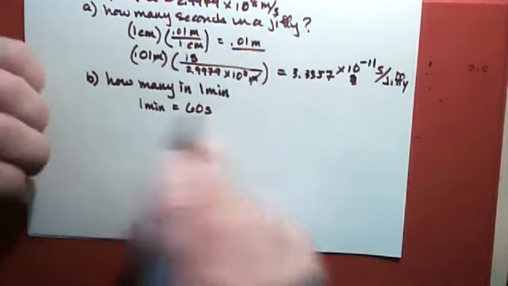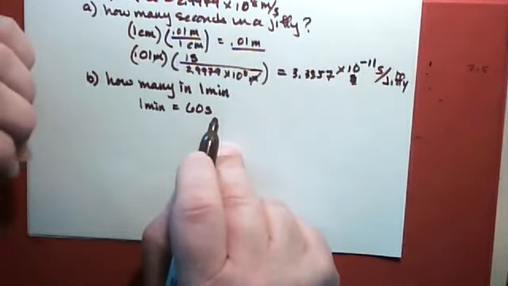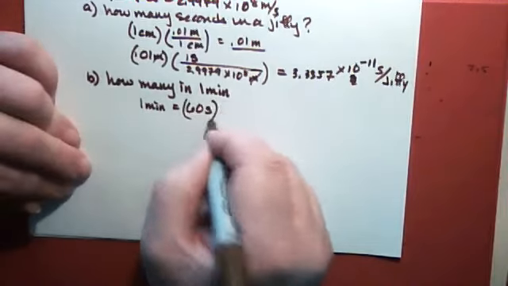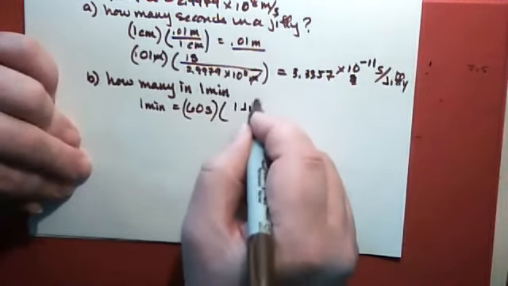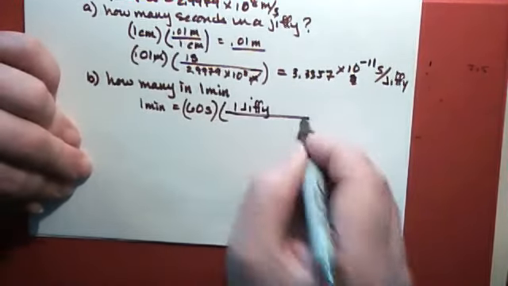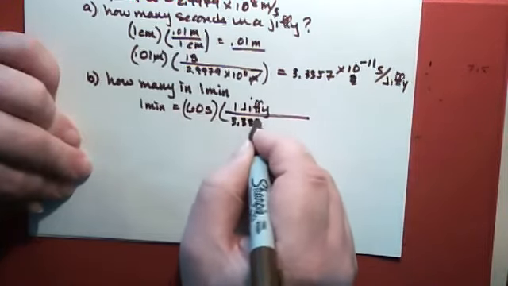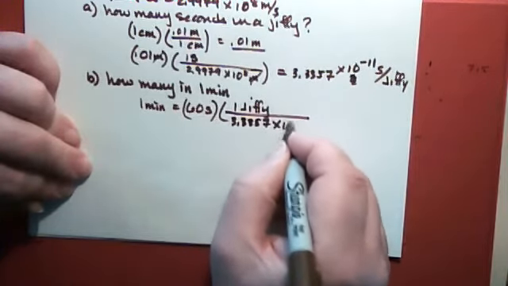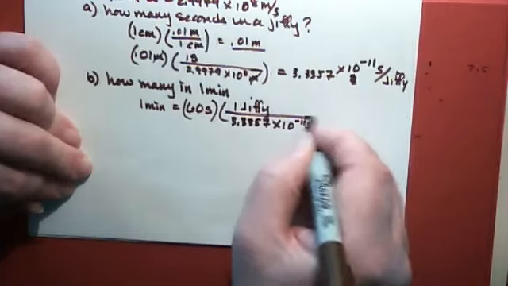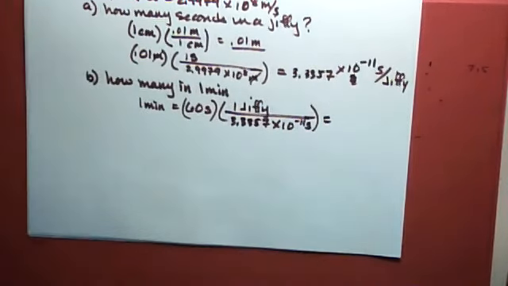And a minute is 60 seconds. If you take 60 seconds times the fact that there's 1 jiffy for every 3.3357 times 10 to the minus 11 seconds, you should get the number of jiffies in a minute.